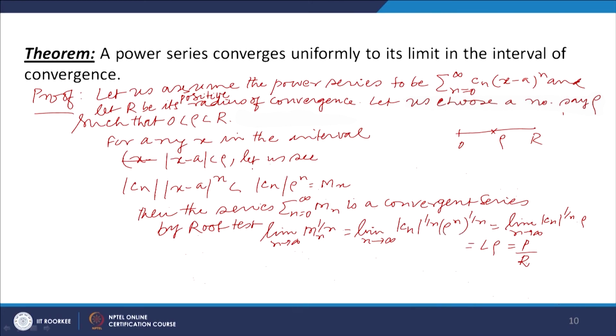So, since r is greater than 0, rho by r is a finite quantity, and therefore, the series sigma n equal to 0 to infinity Mn converges by root test.